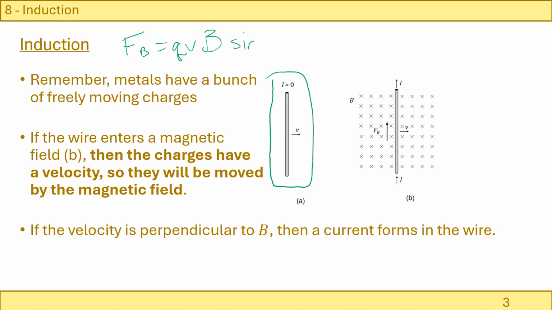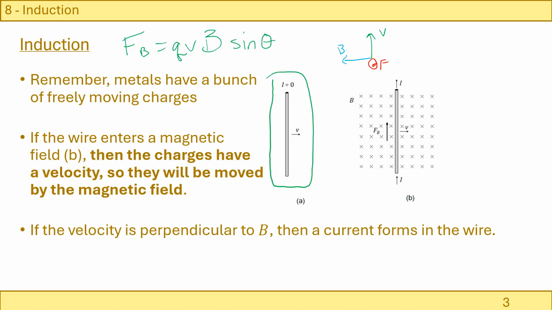And perhaps more importantly, its direction is determined by the right-hand rule number one: the velocity and the magnetic field, they're not necessarily perpendicular to each other, but you can find out what direction that force is, the third vector, as being perpendicular to both velocity and magnetic field. And so this force would be out of the page. And if you're not able to figure out on your own that the force would be out of the page if the velocity is up and the B field is left, then I would recommend reviewing the chapter previous to this one.